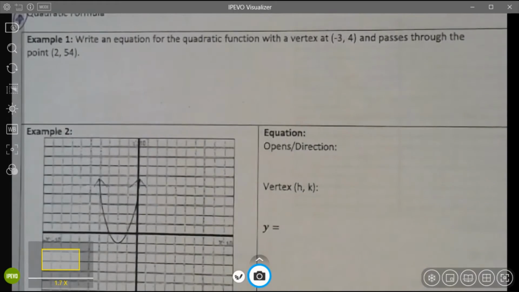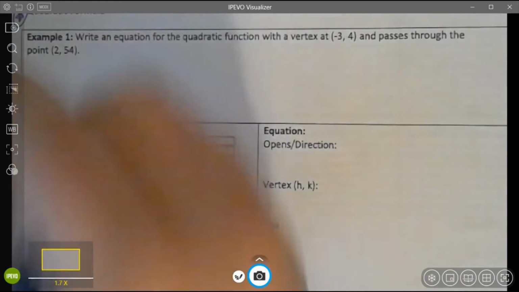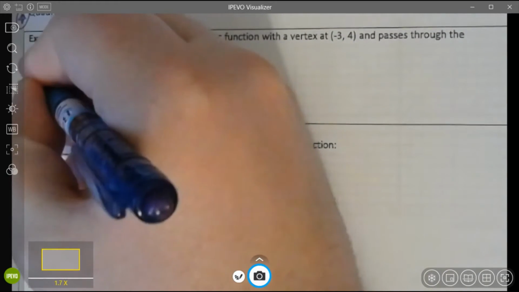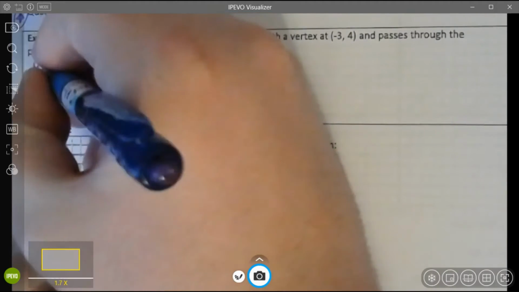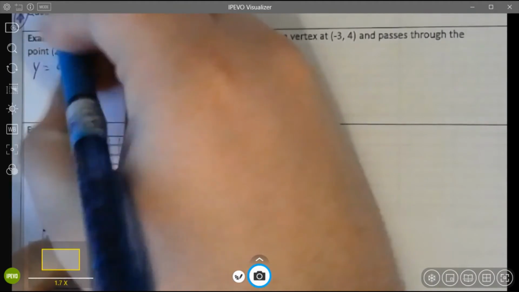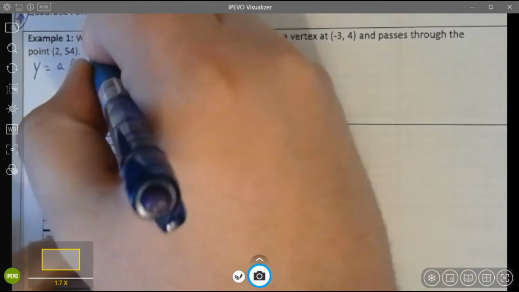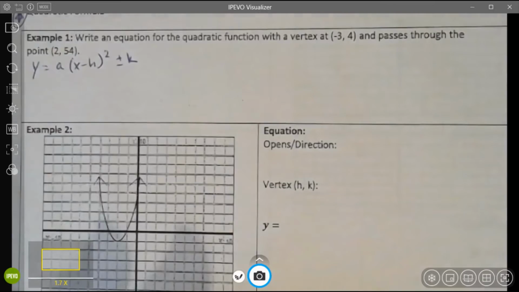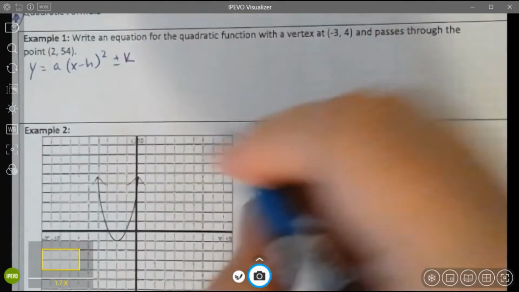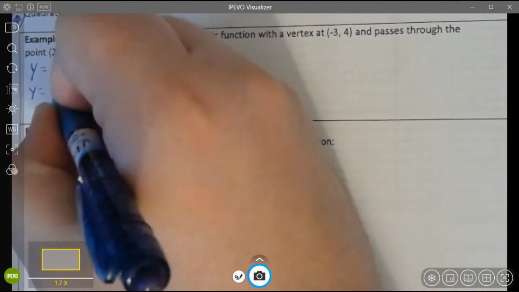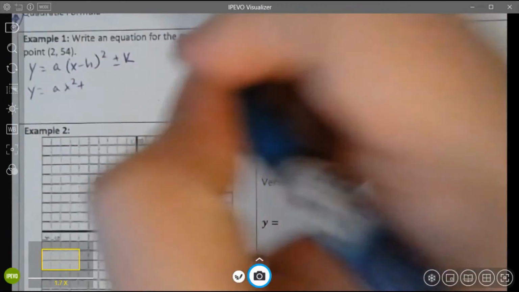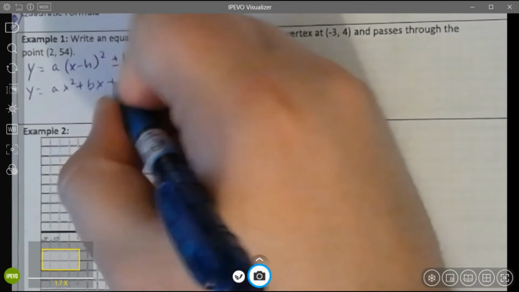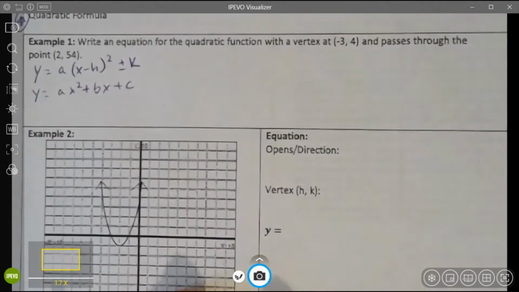So of those three, the most useful forms to help us write an equation would be these two: y equals a times x minus h squared plus or minus k, or this other one. These are going to be the two most useful forms that we could use to write an equation.